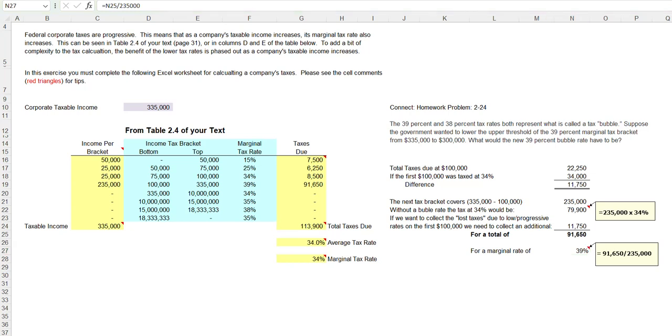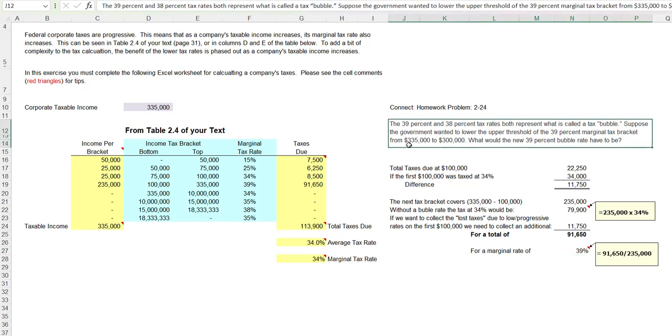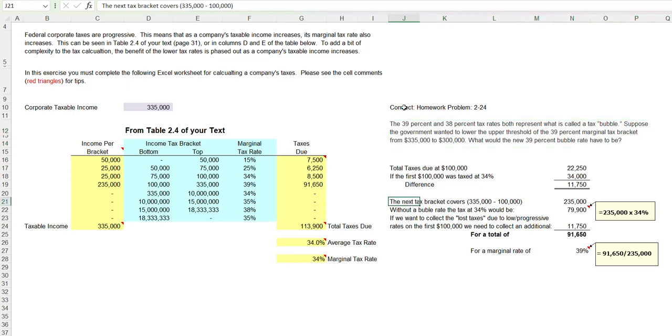Now, if the IRS wanted to drop that bubble rate from, say, 335 down to 300, then they're going to have to do what? Raise the taxes on that particular bucket of income, because then that next tax bracket would only cover $300,000 minus the $100,000.